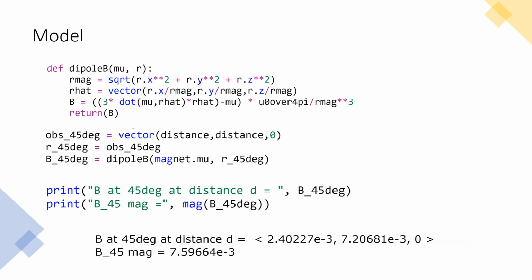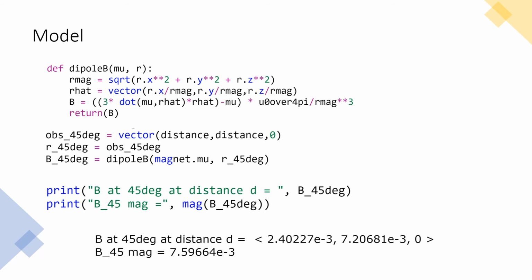As you can see below, I created a model to find the magnetic field of a dipole, using the magnitude and the direction vector for the position vector, and then a function for the magnetic field, which you can see on the fourth line. B is equal to 3 times the dot product of mu and r hat in the direction of r hat, minus mu.